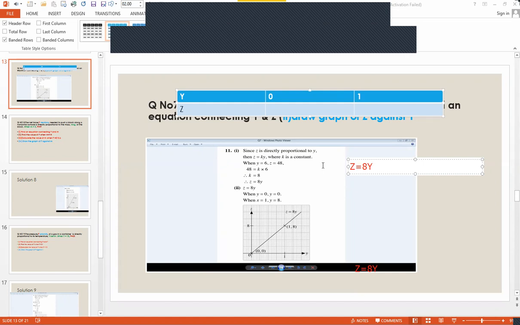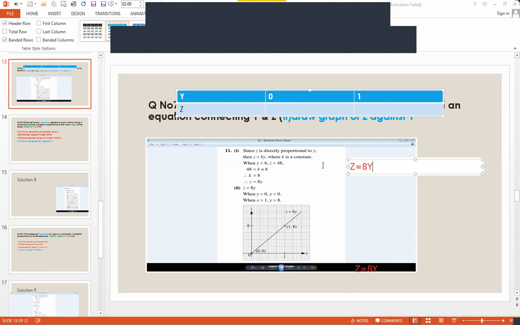Same here, the one on the right part is always on the top. So which variable is on our right hand side? Y is on our right hand side. So we put y here on the top of this table and z here in the bottom. Getting my point?